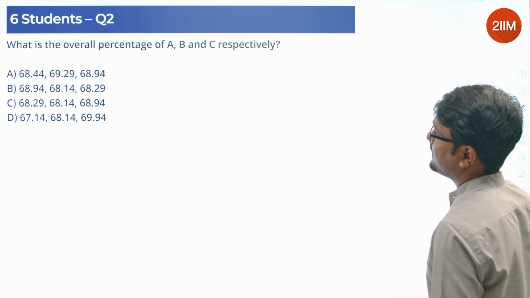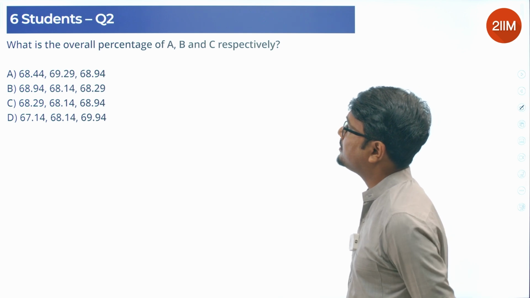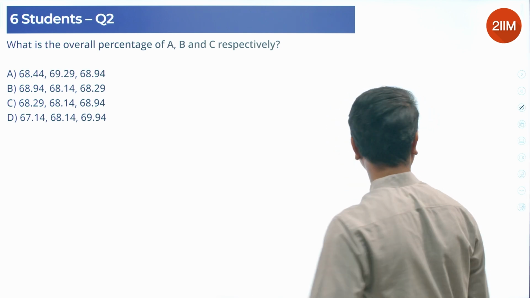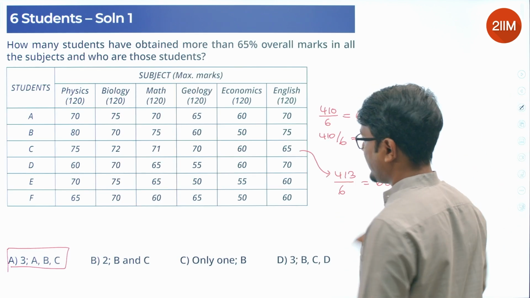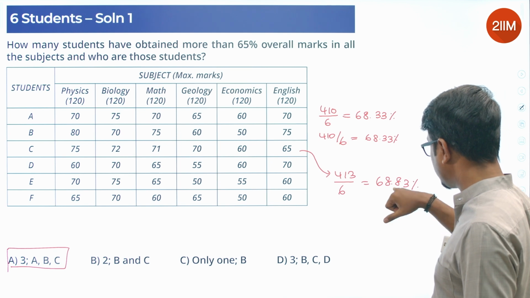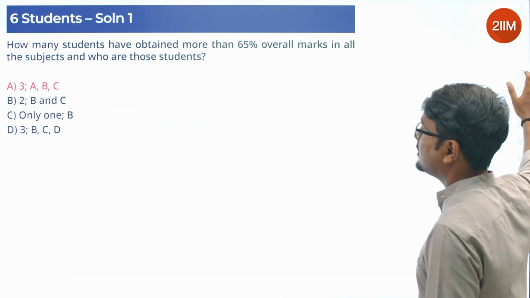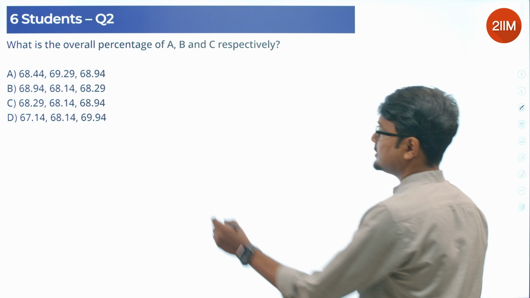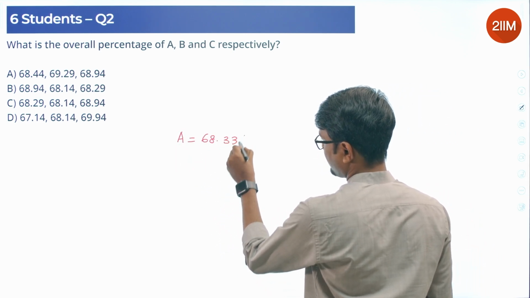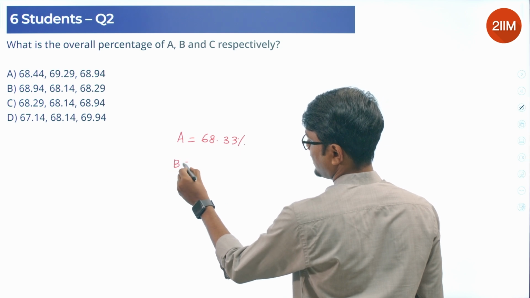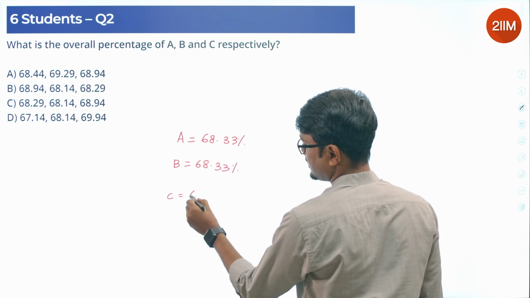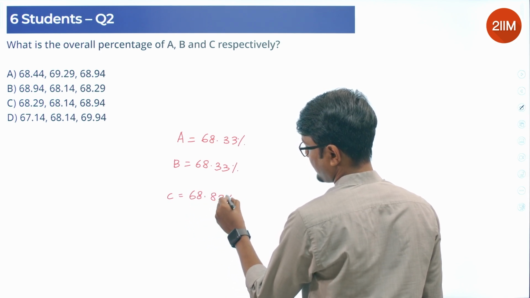Then B. What is the overall percentage of A, B, C respectively? We got the percentages of A, B, C already: A got 68.33, B also got 68.33 and C got 68.83.